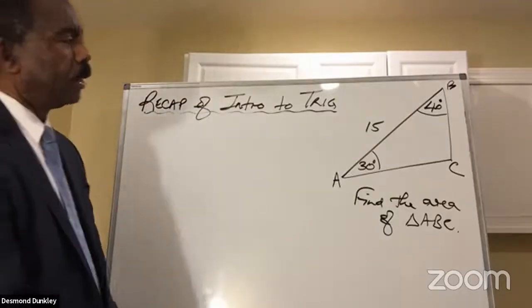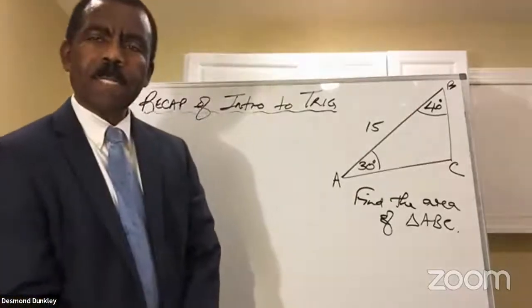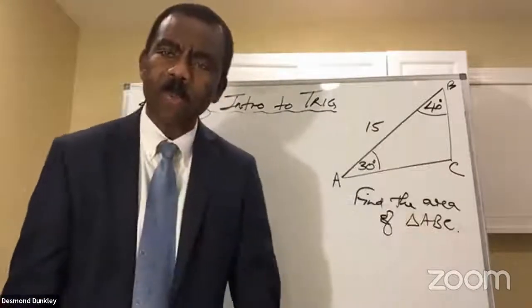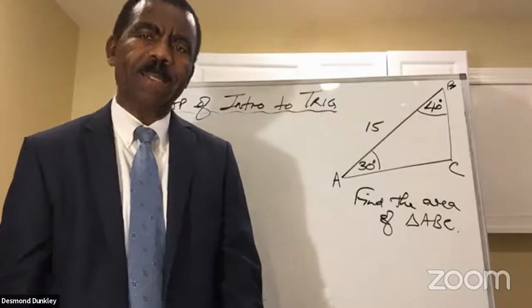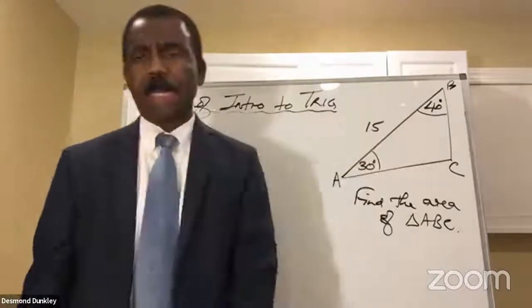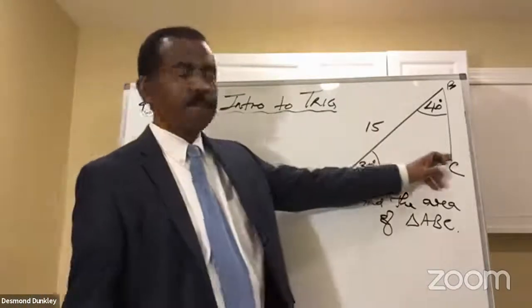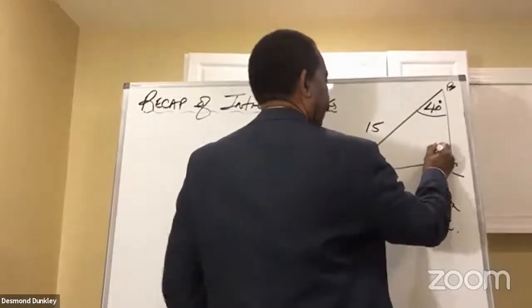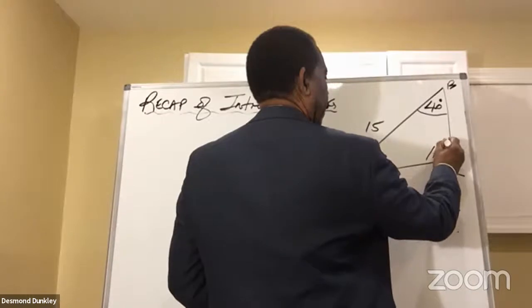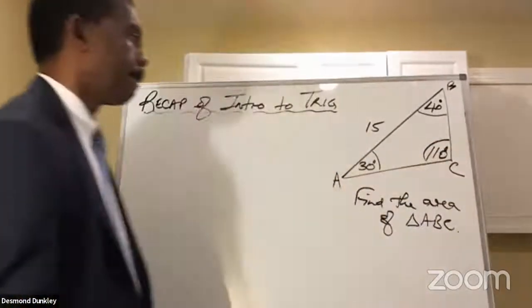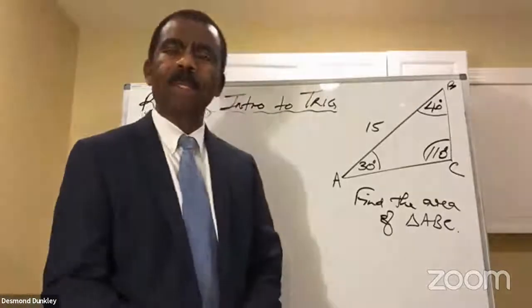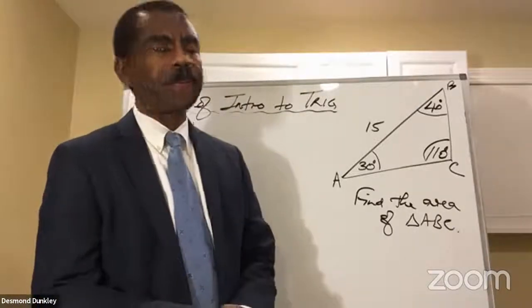So, if you notice, we have the 30 and the 40 degrees. Since we know 30 and we know 40, we automatically know angle C, because 30 and 40 is 70, and therefore angle C has to be 110. So now we have one side and three angles.